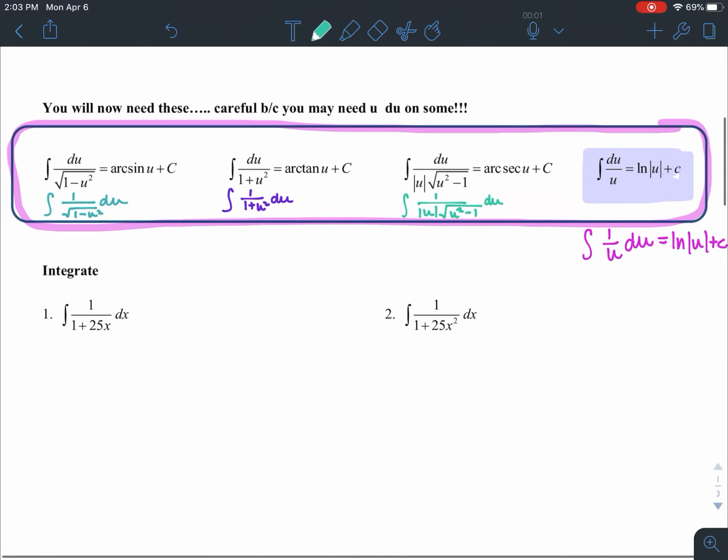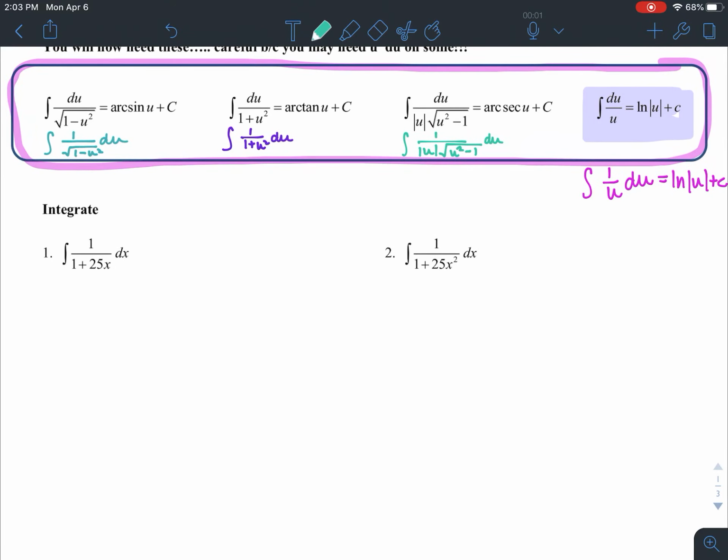All right, so let's get the party started. The first one, notice for all those arcsine, arctan, arcsecant, you've got a u squared, some term squared, along with a 1. If I look at this first one, look at that 25x. It is not 25x squared.